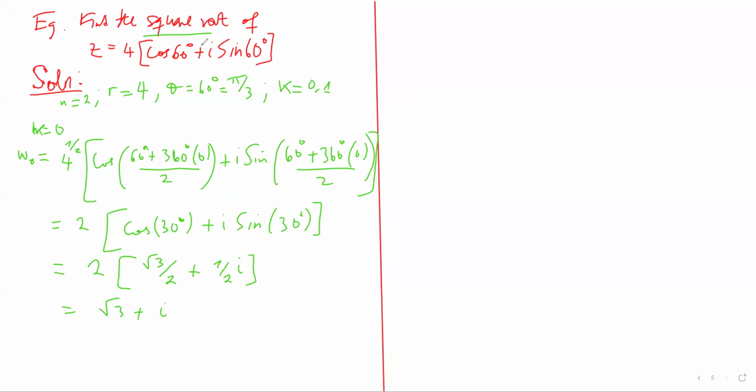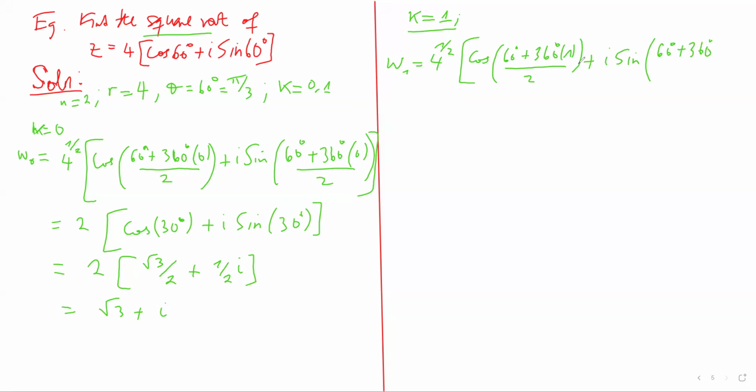Next, we take k to be equal to 1. So if k is equal to 1, we have w1, which is equal to 4 to the power half, and then cos of 60 degrees plus 360 degrees times 1, all over 2, plus i sine of 60 degrees plus 360 degrees times 1, all over 2.